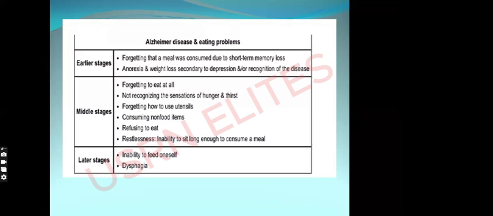To them, they don't know they are telling lies. It's not intentional. It's part of the condition. It's never intentional.